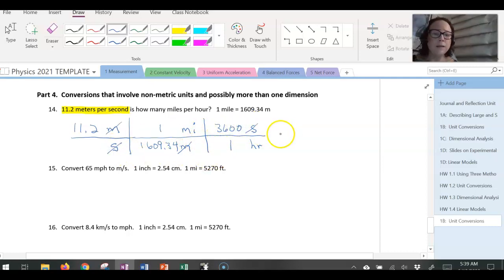Okay, so I'm going to be left with miles per hour when I do this math. And so the math would be, I multiply all the things that are on top, so 11.2 times 3,600, and then I divide by anything that's on the bottom, which is 1609.34. And so this is 25.054 miles per hour.